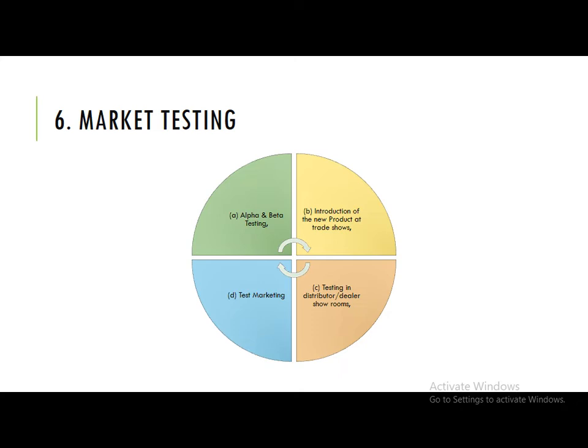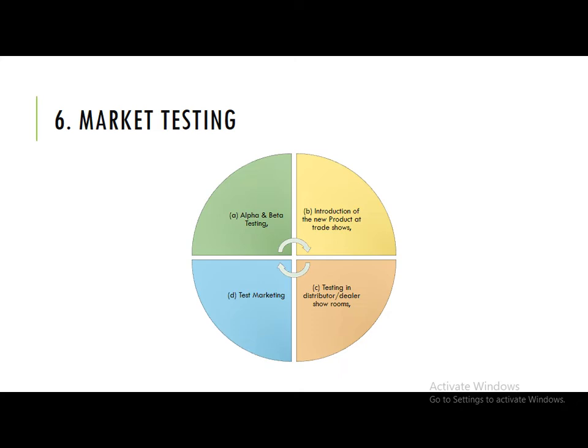The method to be adopted for testing depends on the cost and size of the product, the degree of confidentiality to be maintained during the market testing, and the preparedness to introduce the product within a short period. So we will talk about each and every testing technique now.